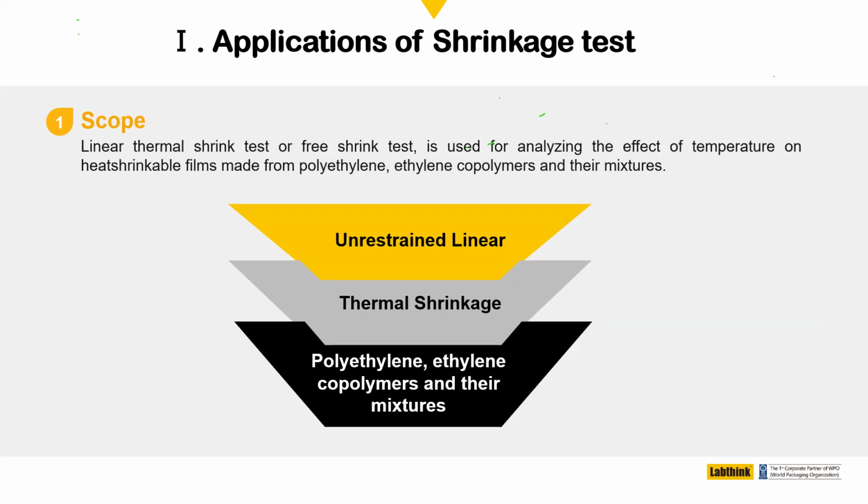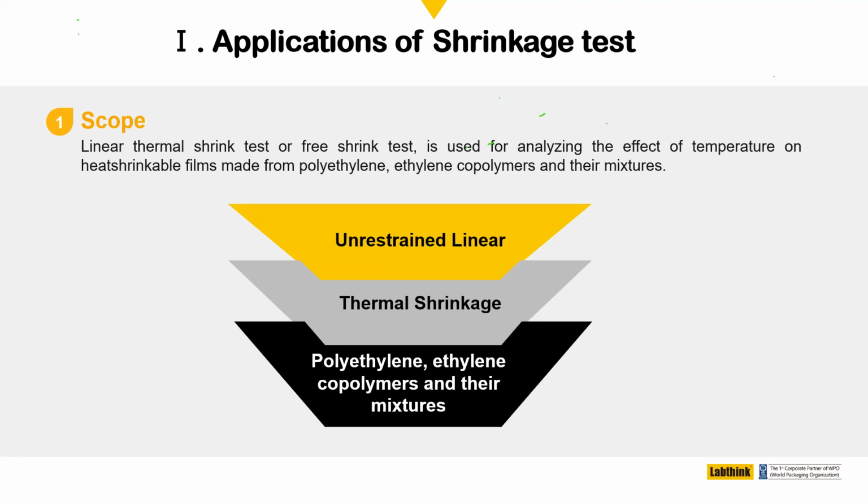One is an unrestrained linear test, or some people refer to this as a film-free shrinkage test. And then the Labthink instrument that we're going to talk about today and the method that it uses, we call that thermal shrinkage. It's applicable to a range of different materials, such as polyethylene, ethylene copolymers, and mixtures.